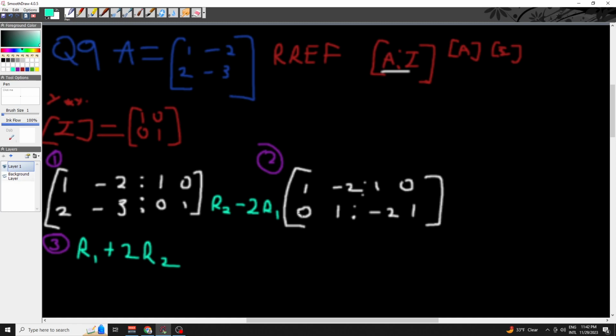And since this bottom left number is already a 0, you really can't change it by multiplying. So row 1 modified, this is going to remain a 1, 2 times 1 is equal to 2, crunch it in, it's a 0. And that completes the reduced row echelon form, because it's the 1, 0, 0, 1.